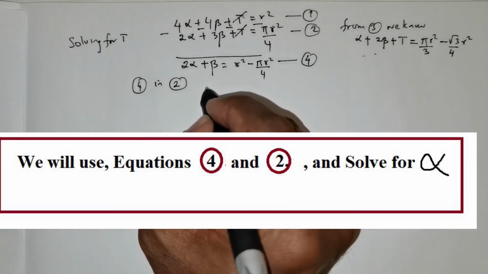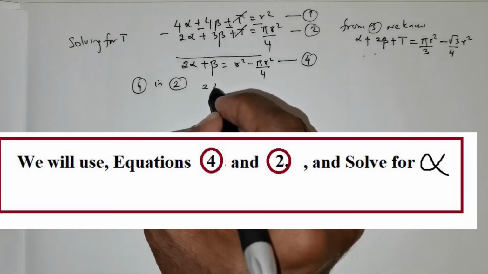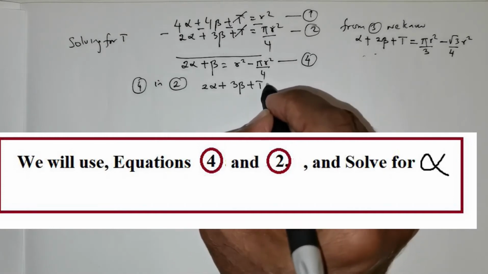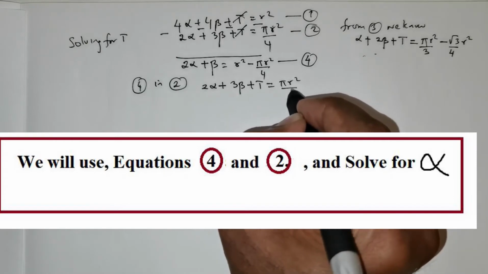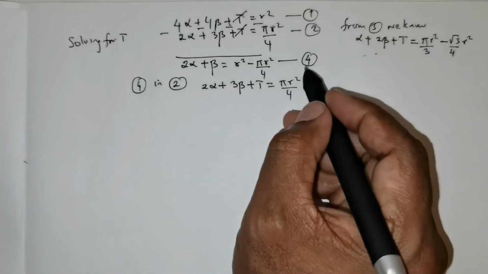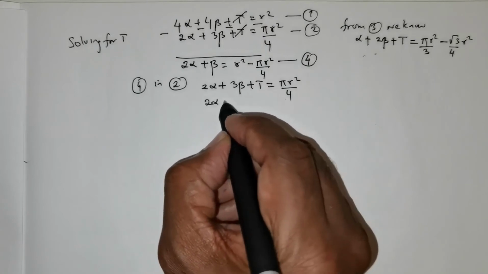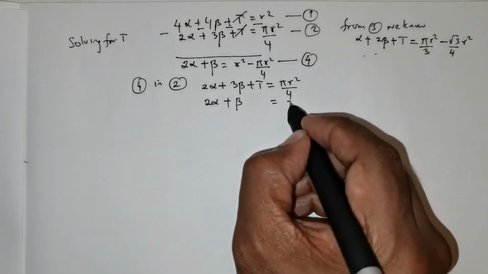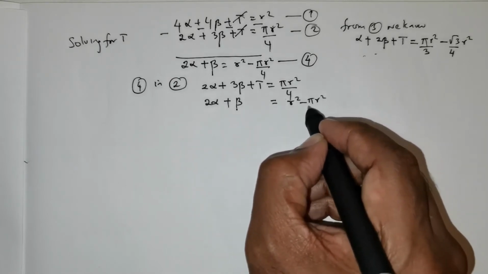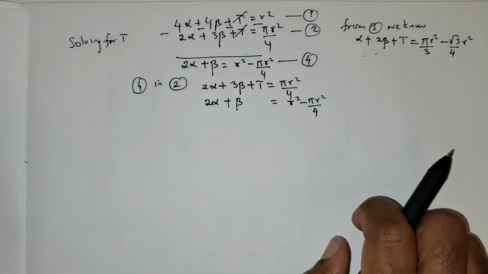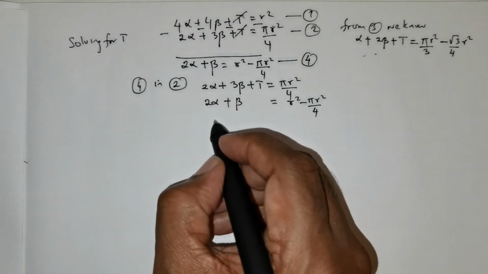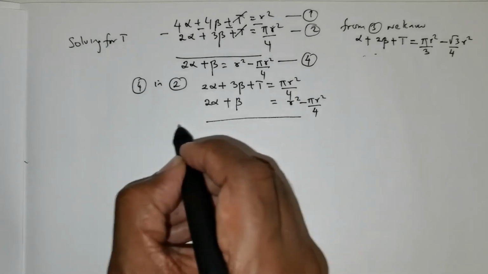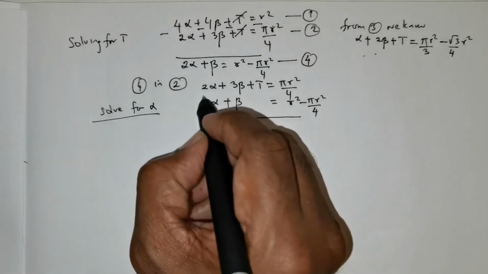My 2 is 2 alpha plus 3 beta plus t is equal to pi r squared over 4. This is my 2. Replacing 2 alpha with what we have, beta is equal to r squared minus pi r squared over 4. And from here, I would be able to solve for alpha.